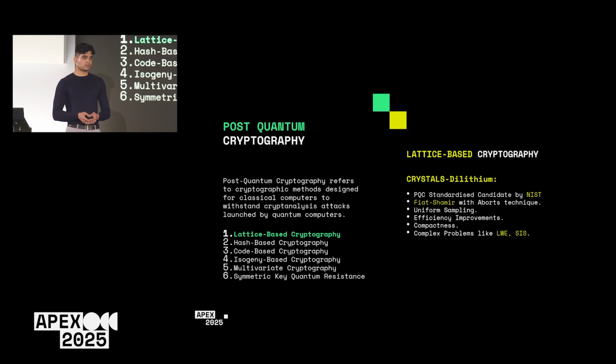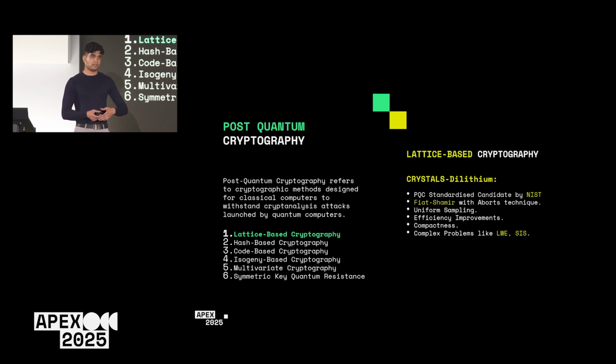CRYSTALS-Dilithium is considered a PQC standardized candidate by the National Institute of Standards and Technology, NIST. It is based on the Fiat-Shamir with Aborts technique and leverages it by using uniform sampling, which makes the lattice-based signatures compact and easier to implement.